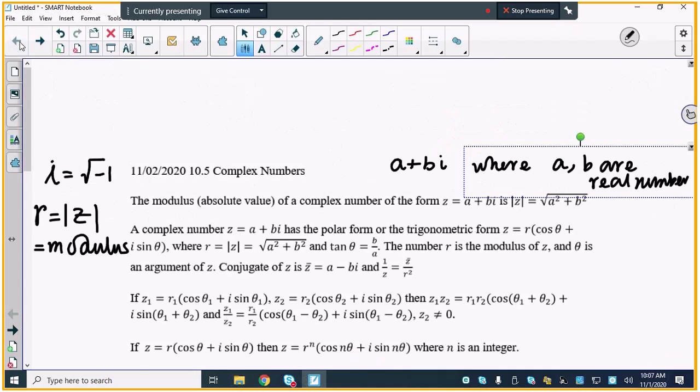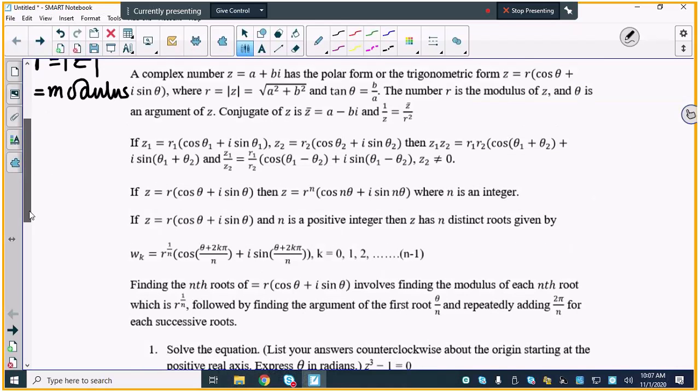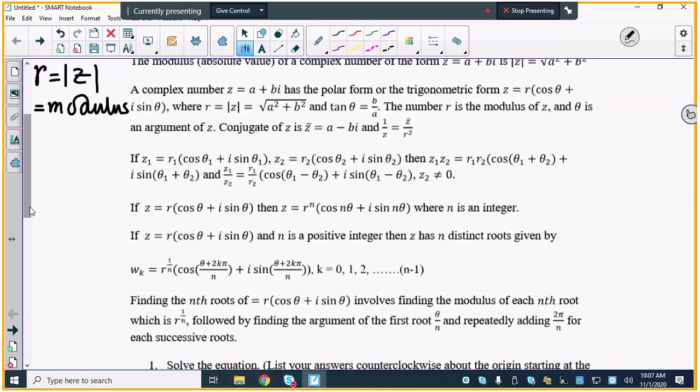We'll go back. There are two other very important rules associated with the powers of complex numbers and the multiplication and division of complex numbers. So if there are two complex numbers, z1 in the polar form as r1 cosine theta 1 plus i sine theta 1, and z2 as r2 cosine theta 2 plus i sine theta 2, and I multiply them, then it is essentially multiplying the radii r1 and r2, and adding the arguments theta 1 and theta 2, taking the cosine and sine of that and writing it in the complex form.